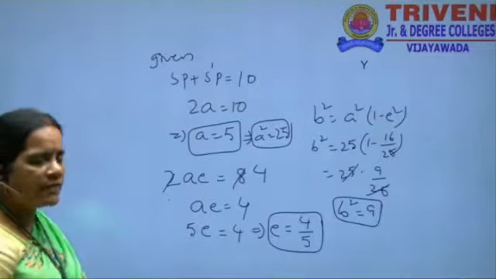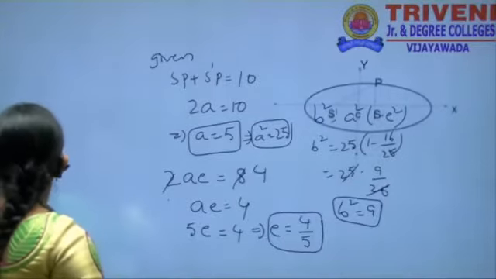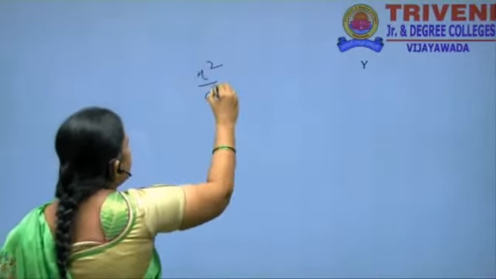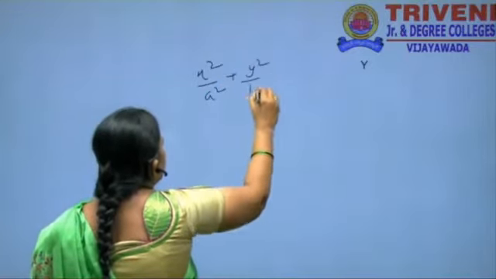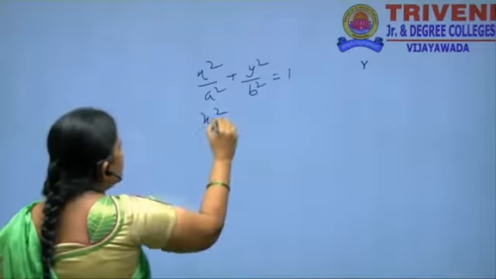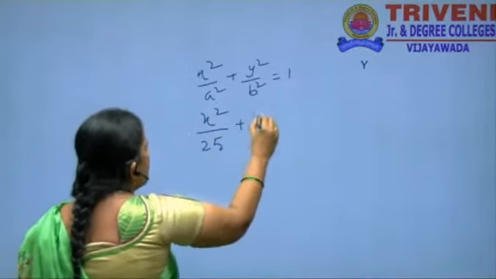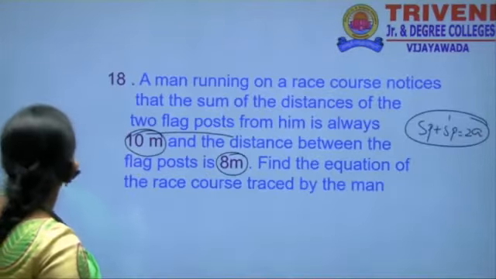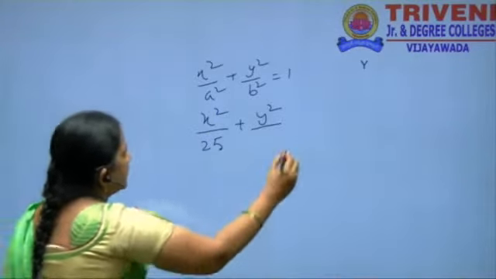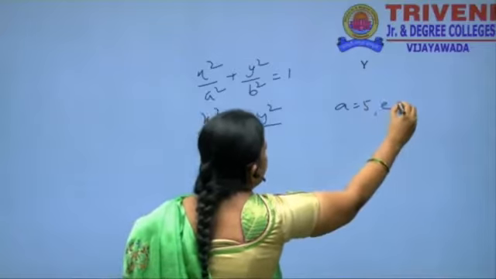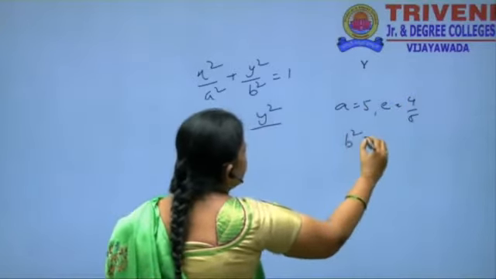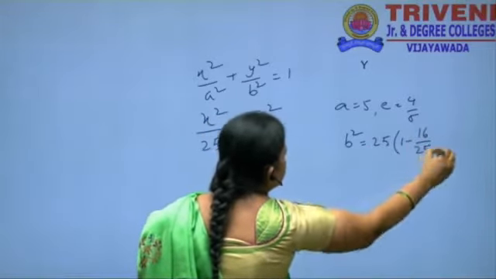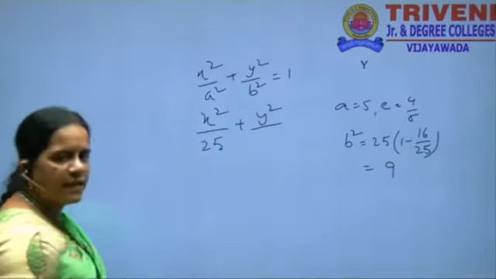Substitute in the standard form of the ellipse. The standard form of the ellipse is x square by a square plus y square by b square is equal to 1. Here a square is 25 and b square is 9.